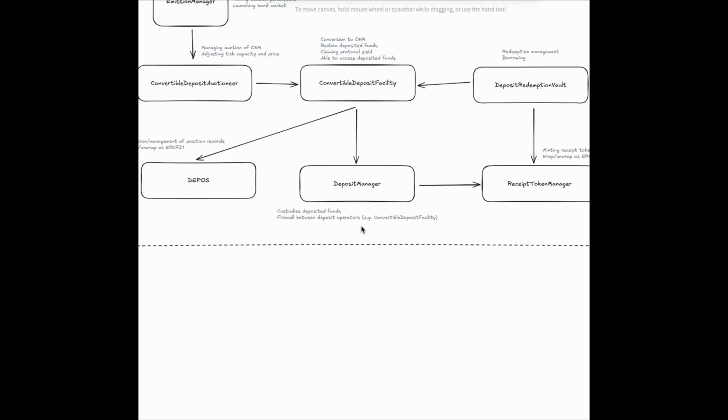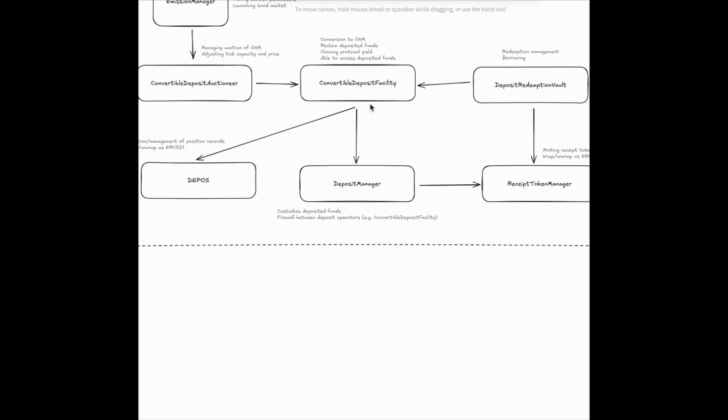And what we also expect is that this contract here, the convertible deposit facility, is one of many potential facilities that are going to interact with the deposit manager. There might be a V2, or there might be other variations of it. But later versions cannot access funds that have been deposited by other contracts.